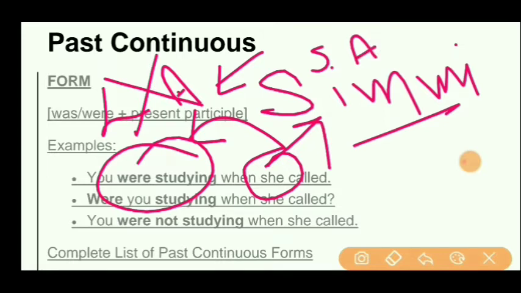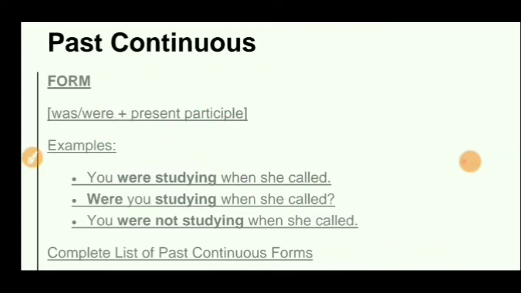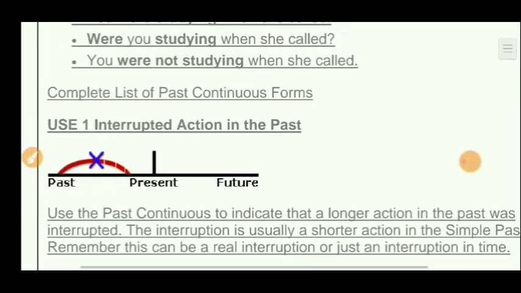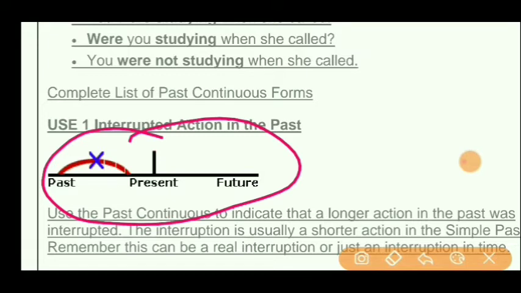To better understand this, please see this graph. The action was going on in the past, and this cross means that the action was stopped by a shorter action.